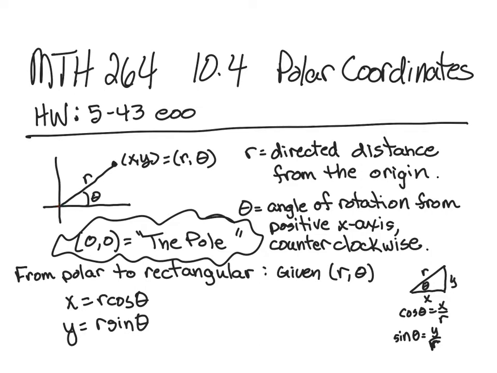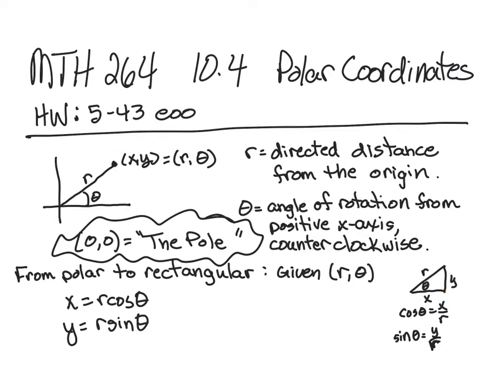Okay, now to go from one to the other, say you're given the distance from the origin and the angle of rotation, r theta. To change that to x's and y's, think about what you have here. Here's the origin. You've rotated through theta degrees, and you've gone out r units from the origin or the pole.